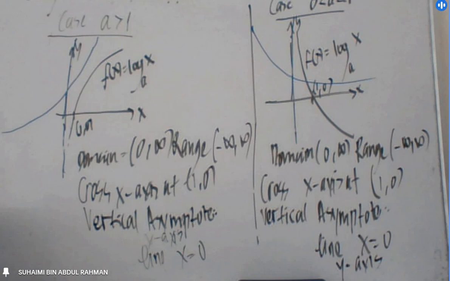And the last one, vertical shift, either upward or downward. Those are the 4 types of transformations.